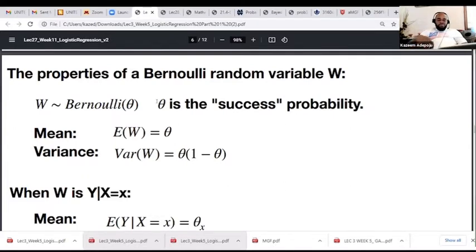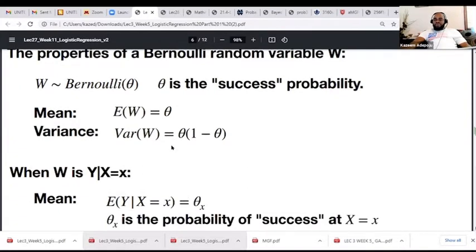We may want to know the mean and the variance of W. The mean is theta and the variance is theta times 1 minus theta. This has already been proved in the literature.